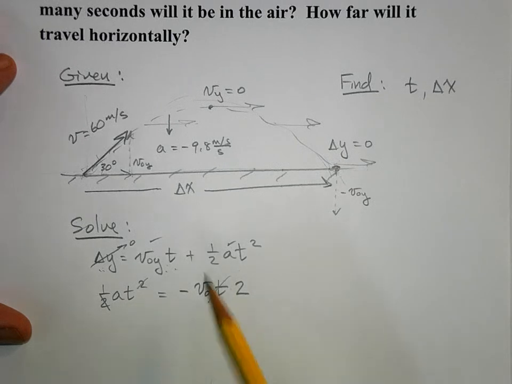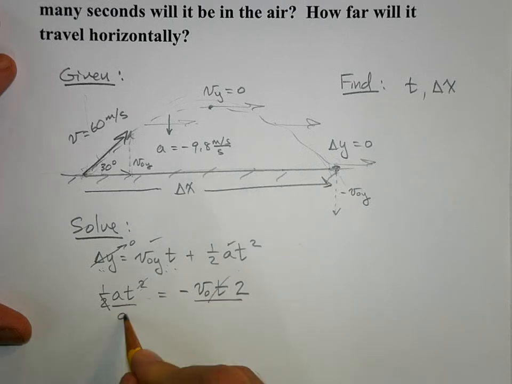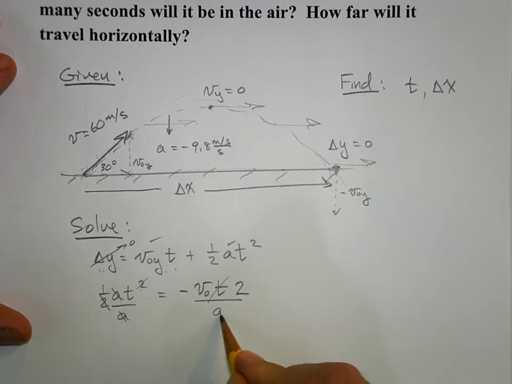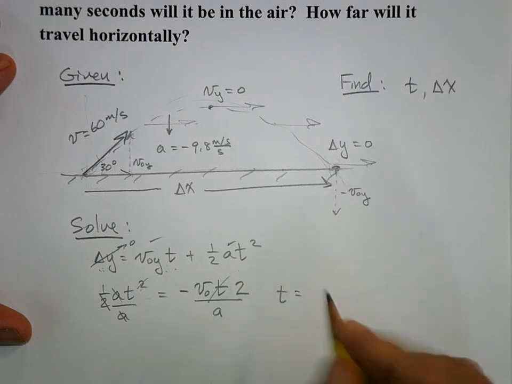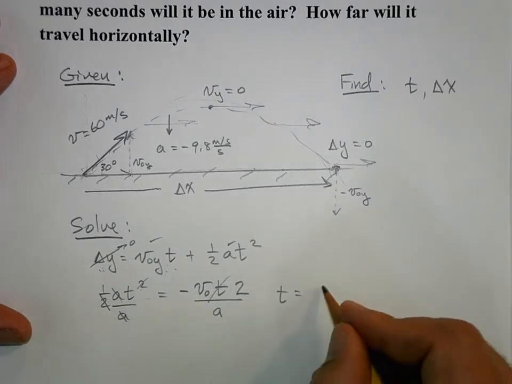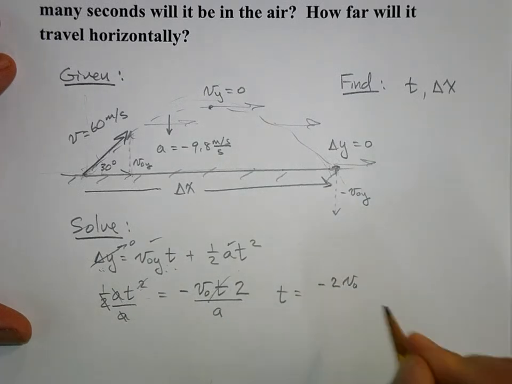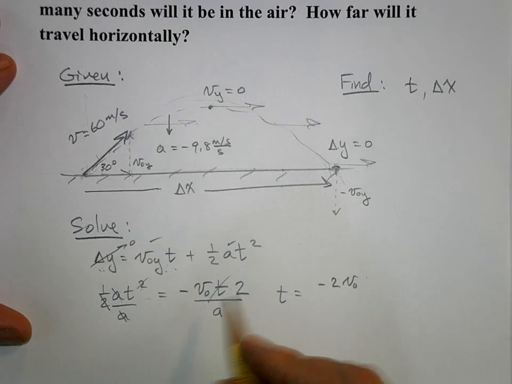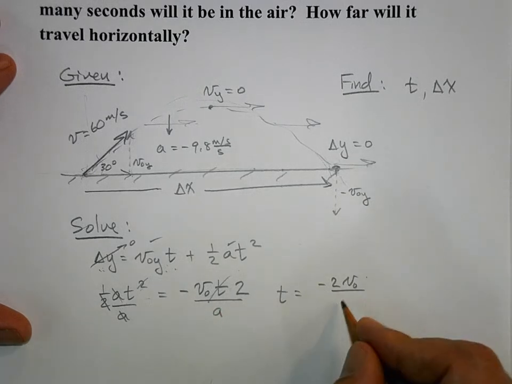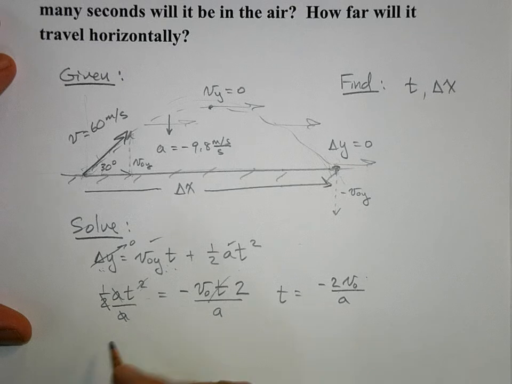But now we can cancel out this and solve for t. So I can divide by a. So t is equal to negative 2 v naught over a. So let's plug in the values.